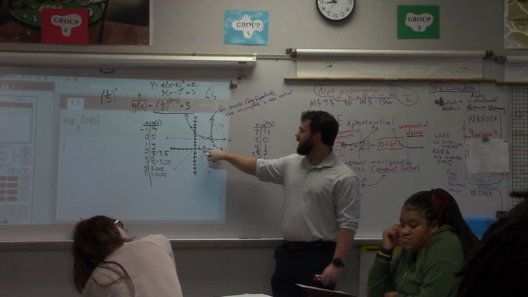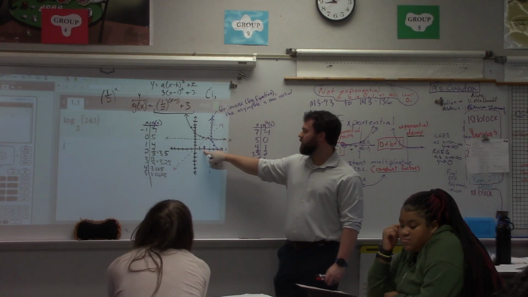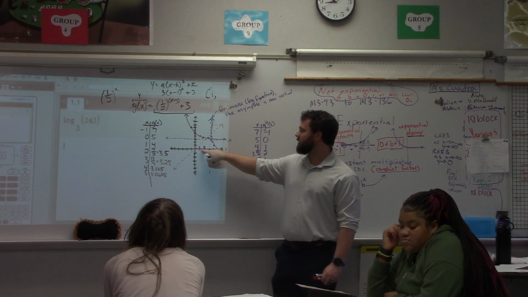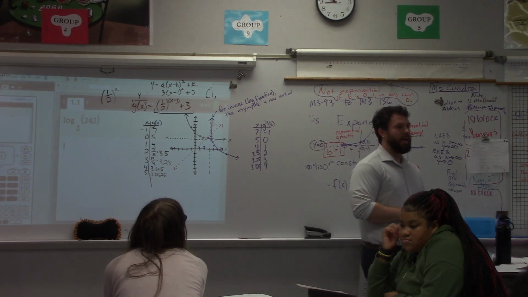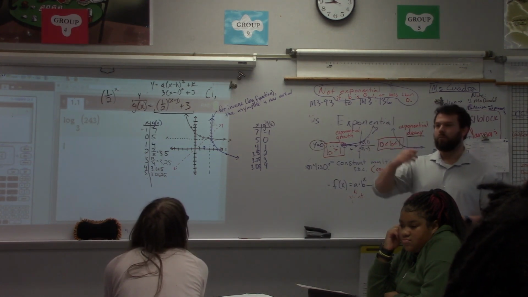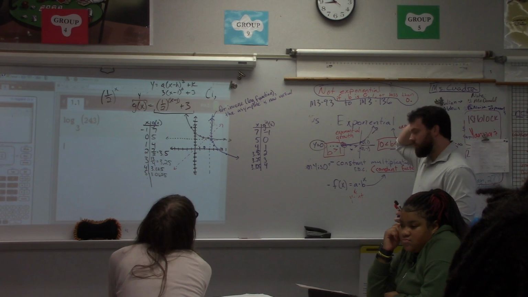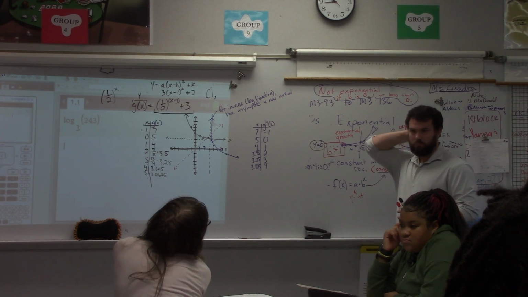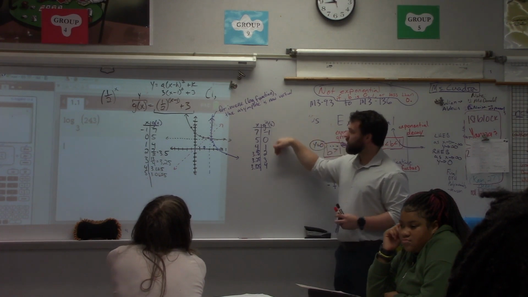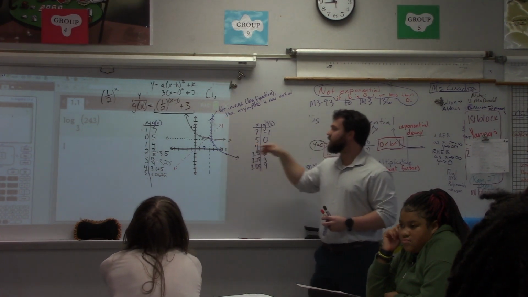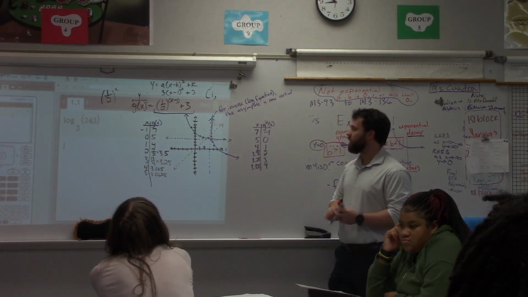And then at this line, how far have I gone to the right? 2. So you do not put your numbers in the middle of those spaces. You put them at the lines, otherwise things get wonky and off. So if I got 2, I put it at 2. We want to be accurate. That's why my curve looks like this. If you don't do that, things will get off.